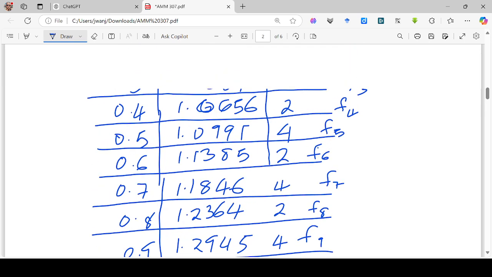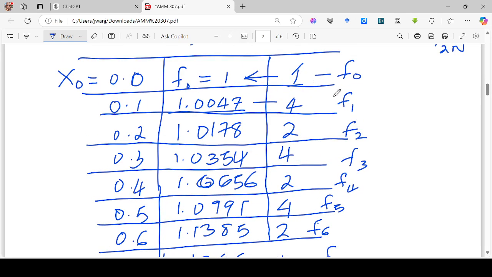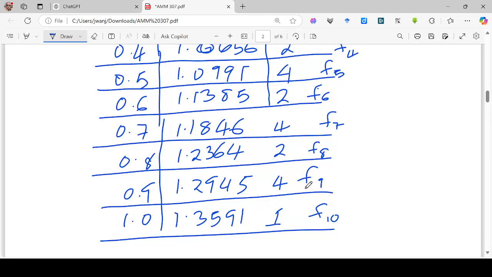You'll notice that all those ordinates with odd subscripts are multiplied by 4, and all those ordinates with even subscripts are multiplied by 2, except the first and the last ordinate.